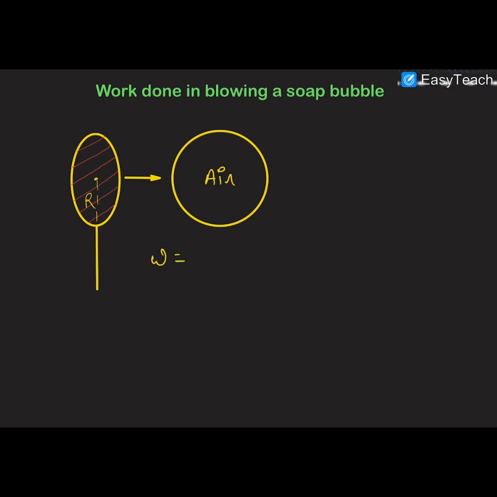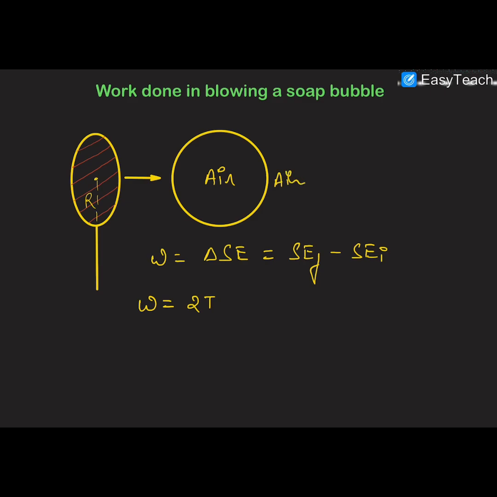The work done will be the change in surface energy, and the change in surface energy will be surface energy final minus surface energy initial. Now first of all, we know that there is air inside the bubble as well as air outside the bubble.